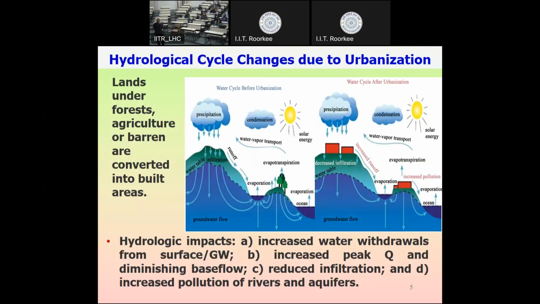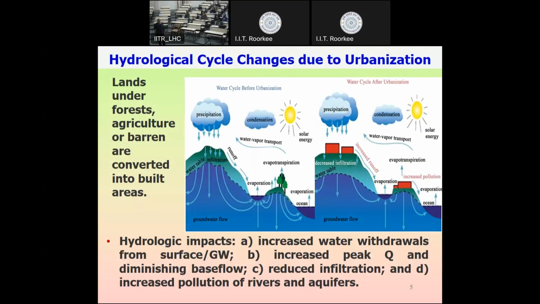Further, we just saw that when people live in urban areas, their lifestyle changes. So in most of the cases, more and more waste is produced, leading to increased pollution of water bodies. Right? So this here is a pictorial depiction of the changes in processes which take place due to urbanization.